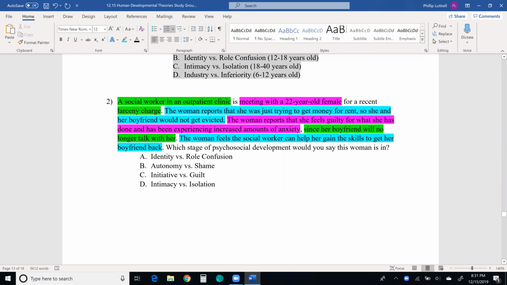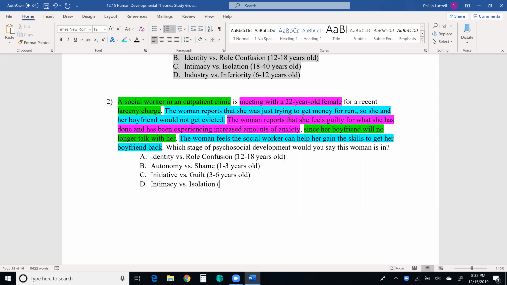So we'll break it down based on the ages and then utilize the stage description to get the answer. Identity versus role confusion, 12 to 18 years old. Autonomy versus shame, 1 to 3 years old. Initiative versus guilt, 3 to 6 years old.